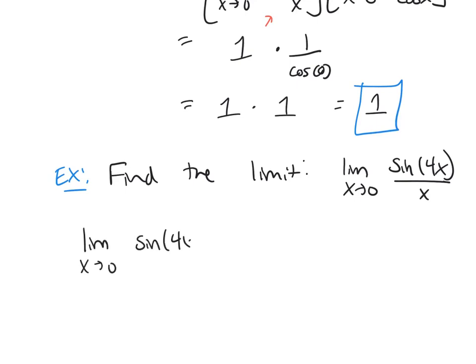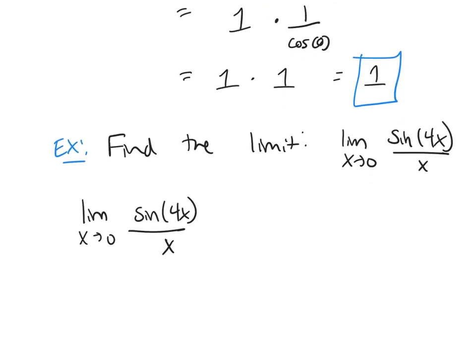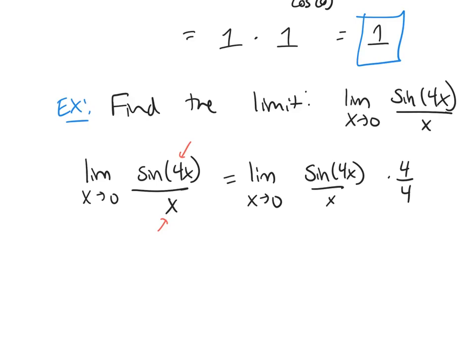This limit almost looks like that special first limit, but we've got a problem here because the inside 4x and this denominator don't match. So what I'm going to do is multiply top and bottom by 4. I'm multiplying by 4 over 4, which means I'm multiplying by 1. I haven't changed anything.